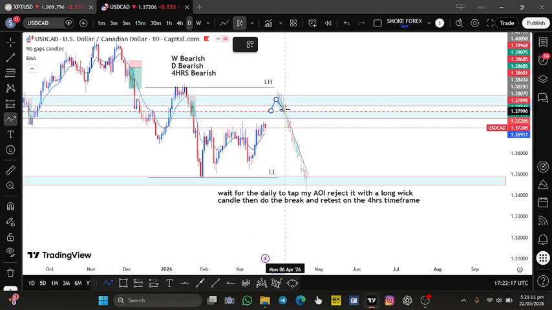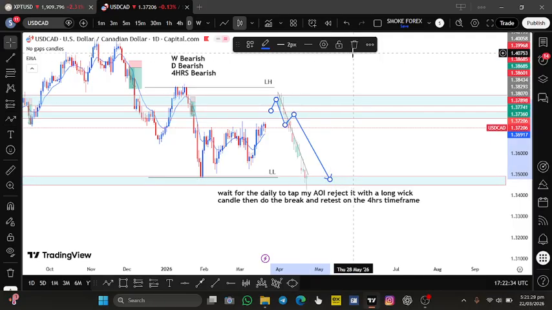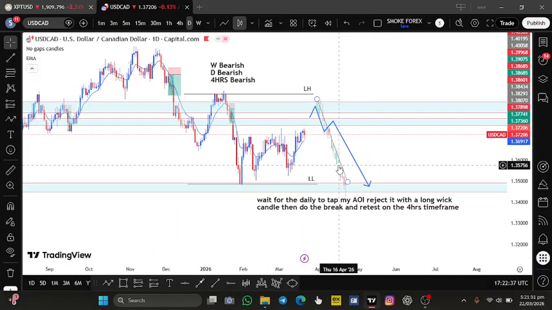Then I want price to reject this area with a long wick candlestick, and the 4 hour should give me a potential retest, either this area or this area. Then I'm going to sell the market downwards, because price has done this before.